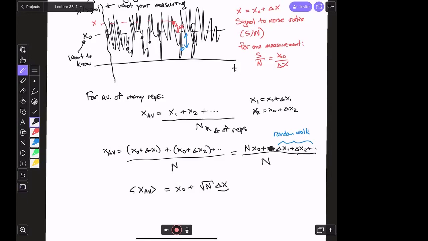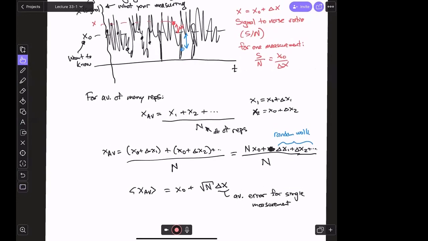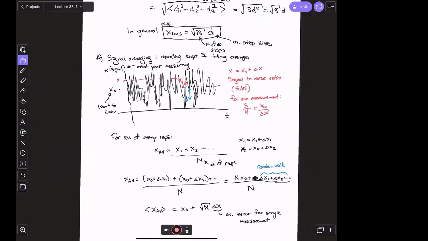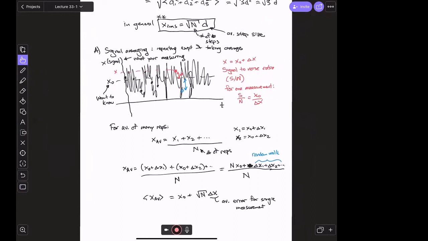So this is sort of the average error for a single measurement, which in this version of the random walk, you can think of as the average step size of a random walk. And then use this equation that we had from before, that X RMS is square root of N times the average step size.